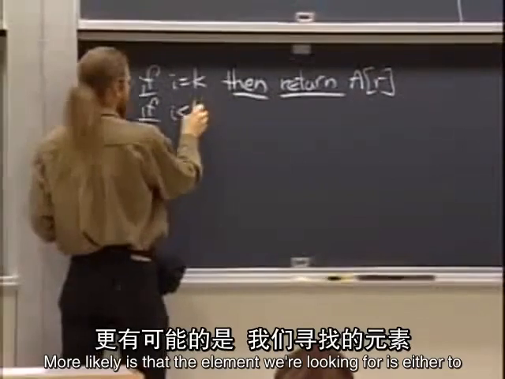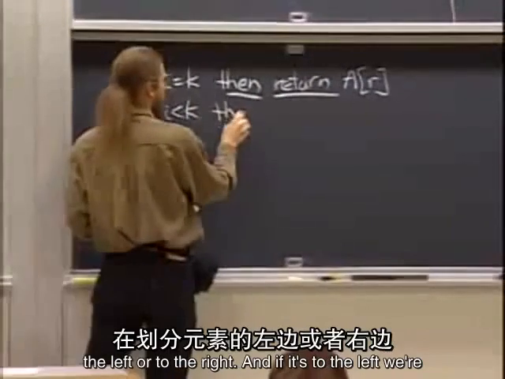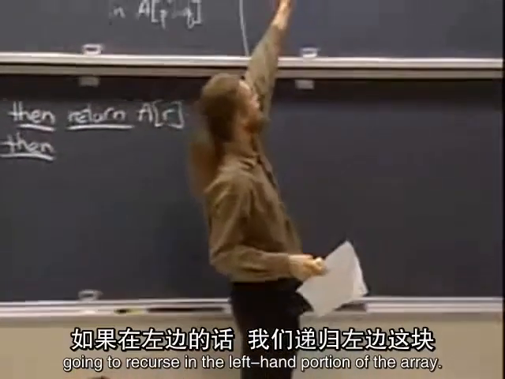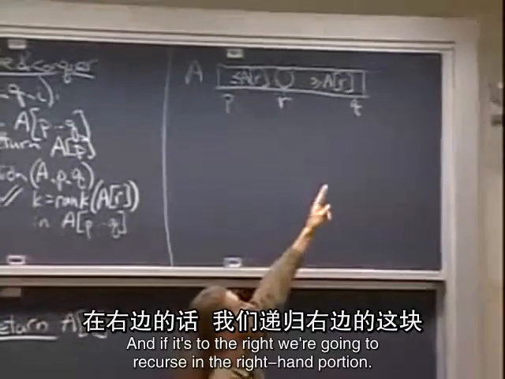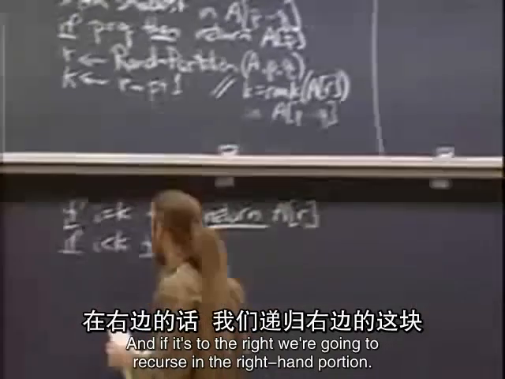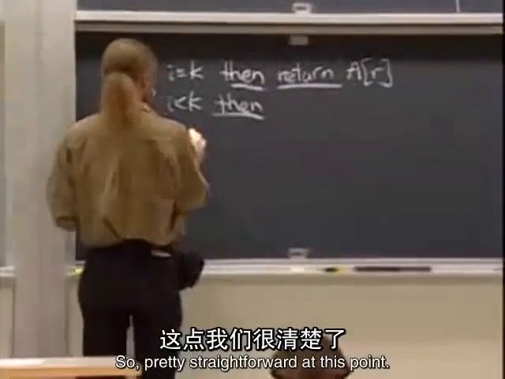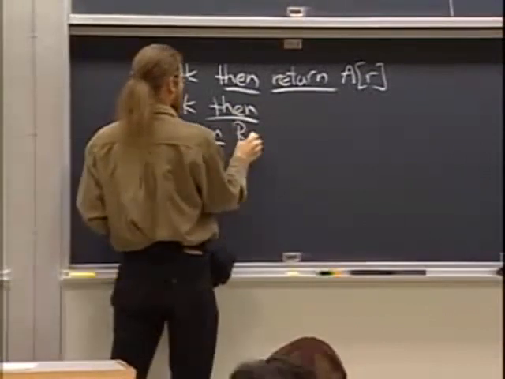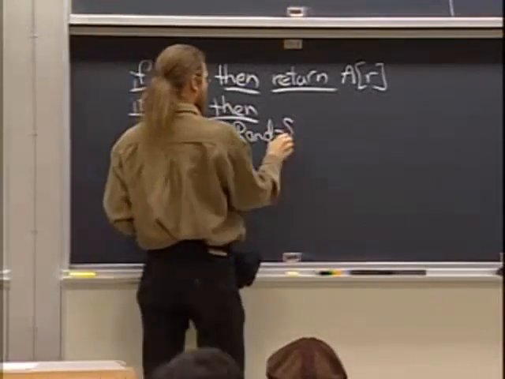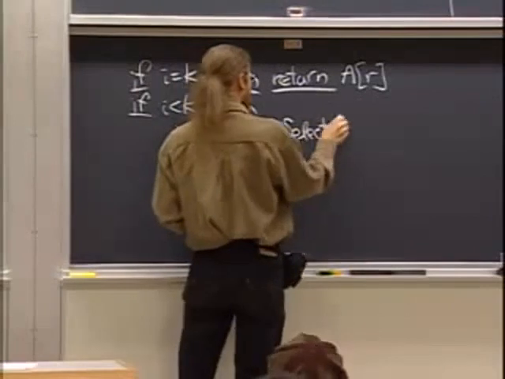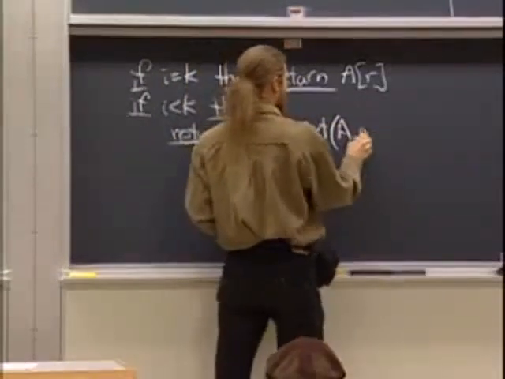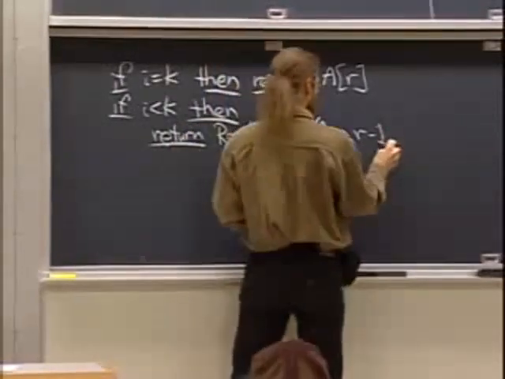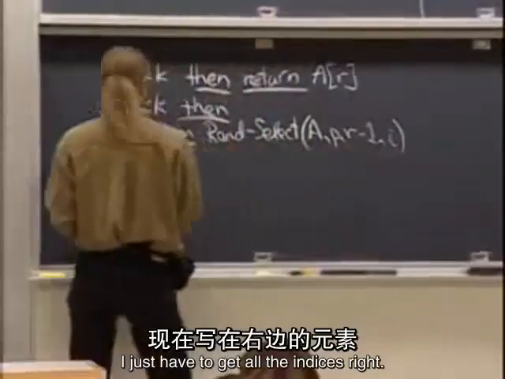More likely is that the element we're looking for is either to the left or to the right. If it's to the left, we're going to recurse in the left-hand portion of the array. And if it's to the right, we're going to recurse in the right-hand portion. So pretty straightforward at this point. Just have to get all the indices right.